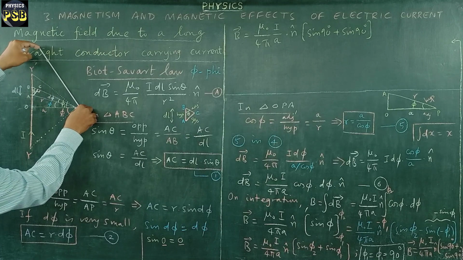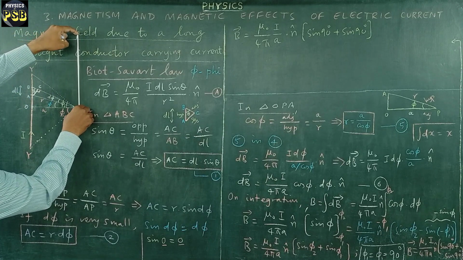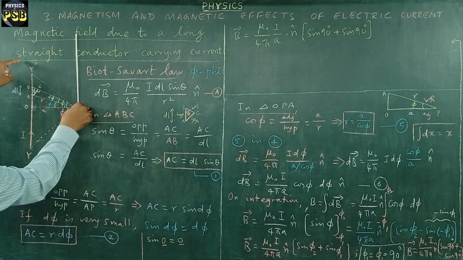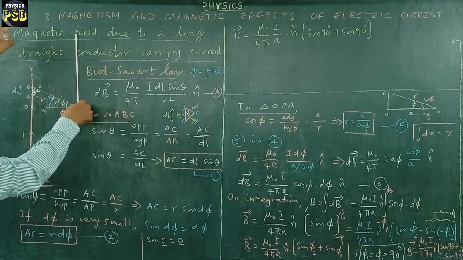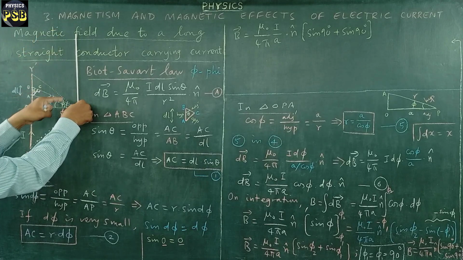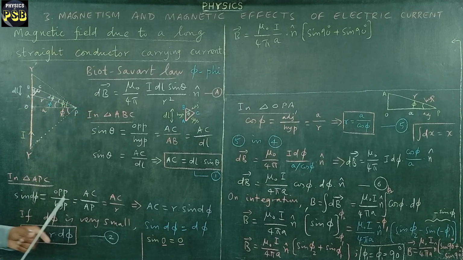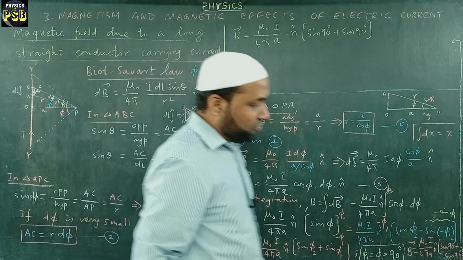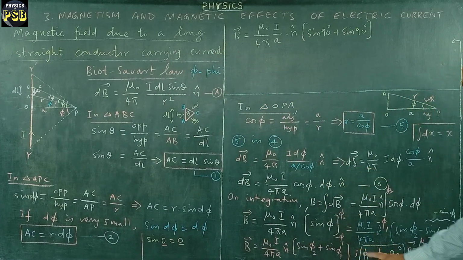If I keep increasing, at one point when it becomes infinity, then this line which connects P and y dash will go almost parallel to this, right? And the angle will become 90 degrees. That is why for an infinite length conductor, the angle φ1 and φ2 is taken as 90 degrees.